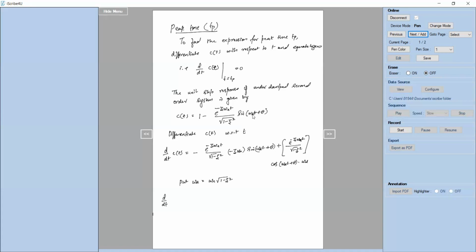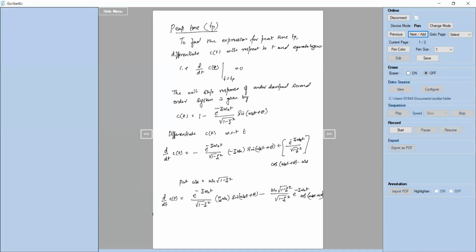Then I can write d by dt of this C of t expression as equal to e power minus zeta omega n t divided by square root of 1 minus zeta square, into zeta omega n sine of omega d t plus theta, minus omega n square root of 1 minus zeta square divided by square root of 1 minus zeta square, e power minus zeta omega n t into cos of omega d t plus theta.